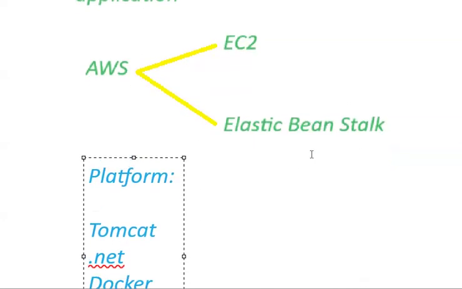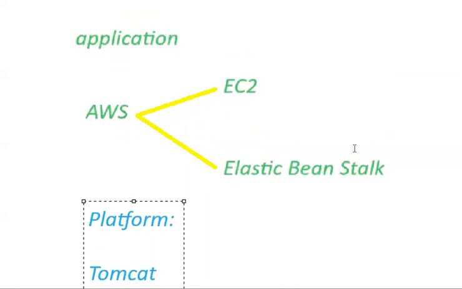Elastic Beanstalk. This is the major difference between EC2 and Elastic Beanstalk. Based on your need, you prefer what is best for your requirement. In Elastic Beanstalk, everything is provided in a single platform.